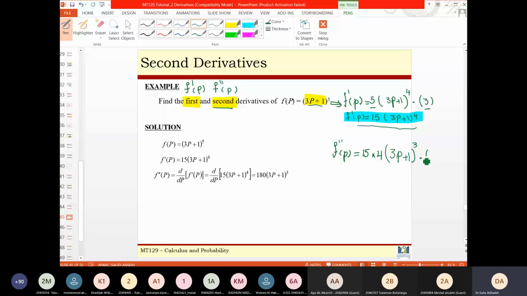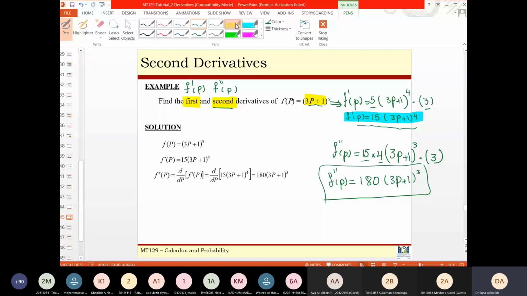Multiply with the derivative of what is inside, which is 3. Okay? So this will be 180. The 3 multiplied with the 4, multiplied with the 15 I have already. So it's 180 for the 3p plus 1 to the power 3, and this is my f double dash of p that they wanted me to find.